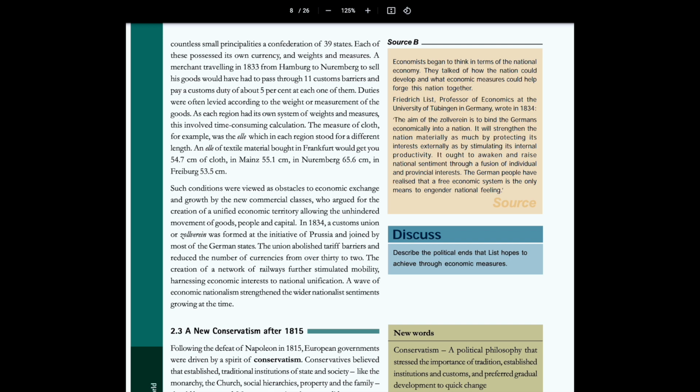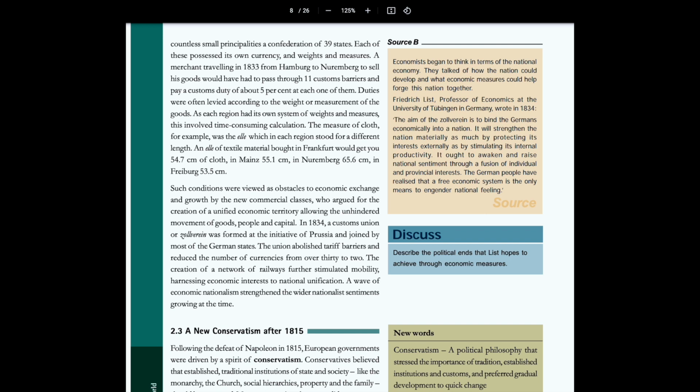who argued for the creation of a unified economic territory, allowing the unhindered movement of goods, people, and capital. In 1834, a customs union or Zollverein was formed at the initiative of Prussia and joined by most of the German states.